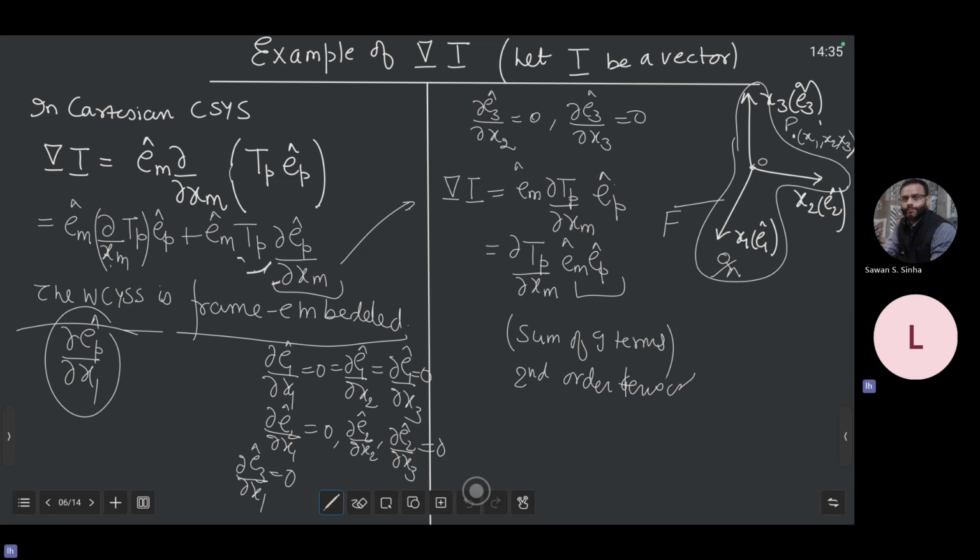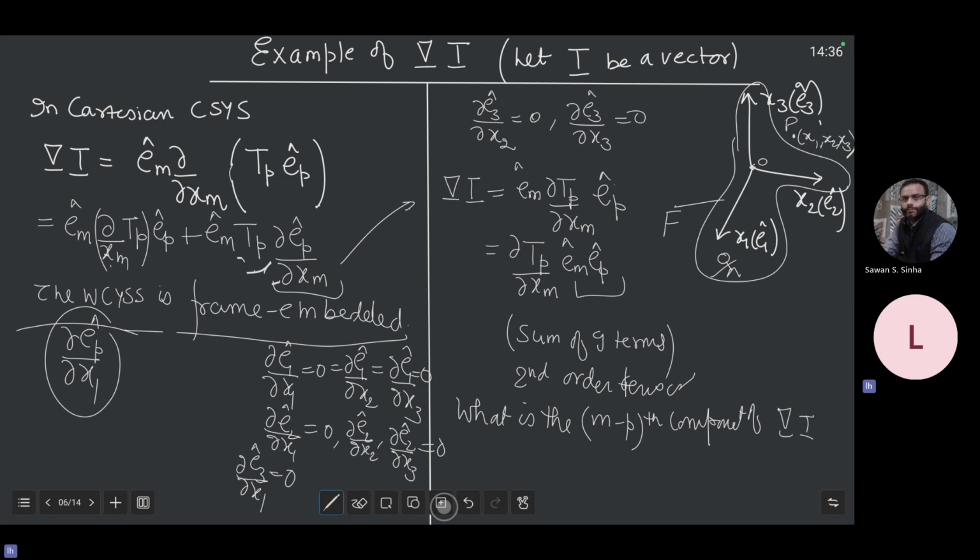What is the mth component of this tensor? In this case, what is the mth component? Del TP del XM or del XM del TP? Sorry, del TP del XM or del TM del XP? Del TP del XM.